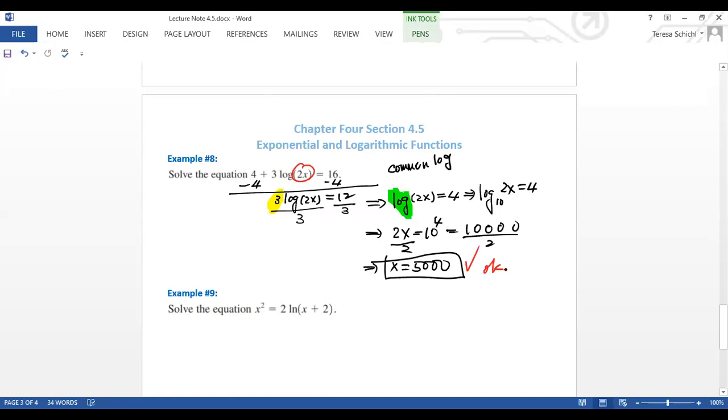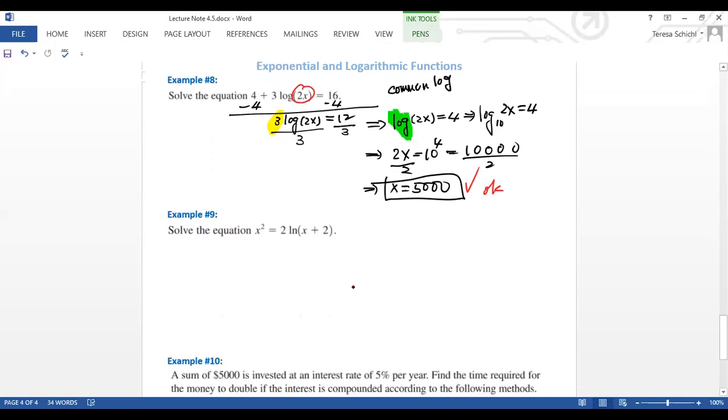Okay, now the number 9 here. So for this problem, in fact, it wants you to solve it by using the graph. Okay, so I'm going to show you how to use your TI-84 calculator to solve these problems here, right? So you have x squared equal to 2 natural log x plus 2 here.